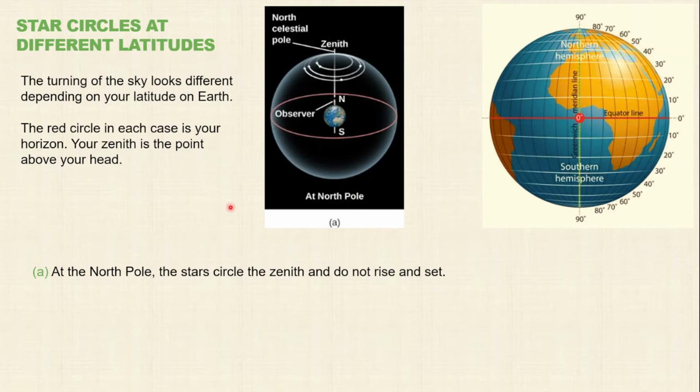And so to continue, how about star circles at different latitudes? So what is latitude? First of all, the Earth is divided here into different angles or different latitudes. It's 0 degrees at the equator, and it goes from 1 to 3 up to 90 degrees until it reaches the North Pole. So let's say this specific country here, which looks like an African country, you can tell what latitude that place is.